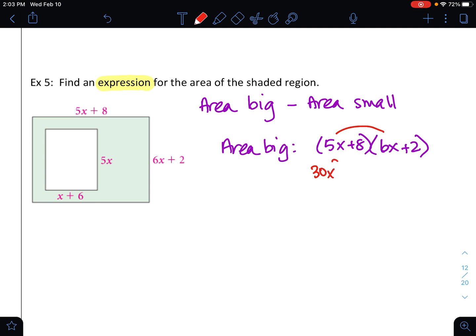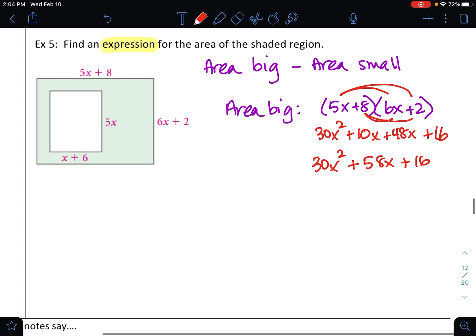So that's going to be 30x squared. 5 and 2 is 10, so plus 10x. 8 and 6 is 48, and I have an x there. 8 times 2 is 16. And then I do have the terms in the middle that'll combine. So 48 plus 10 is 58. So I've got plus 58x plus 16. Okay, that's the big area. So I'm going to let that sit there for a minute.